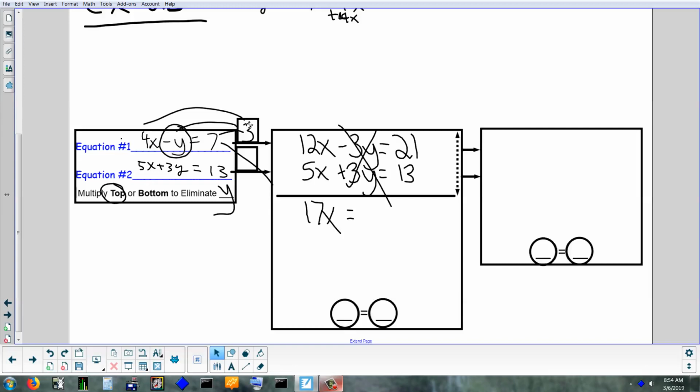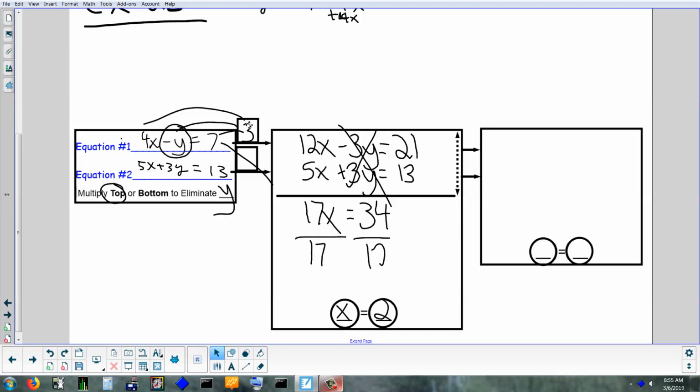On the other side, what's that term going to be? 34. I like 34. How about Jelly? What am I going to do now? You're going to divide by 17. 34 by 17. Very good. Thank you, Jelly. X equals 2.